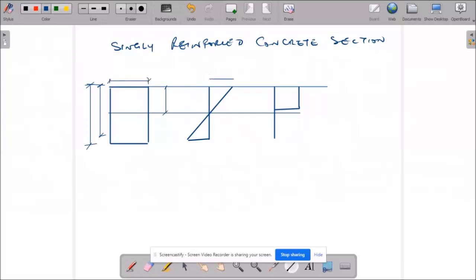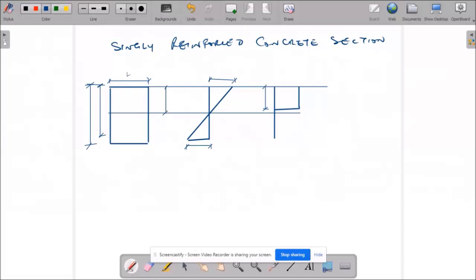Then this is concrete strain. Here we'll have this steel strain. And here we'll have depth of the stress block. We'll proceed with the labeling.